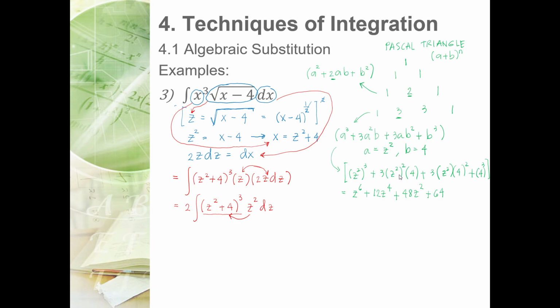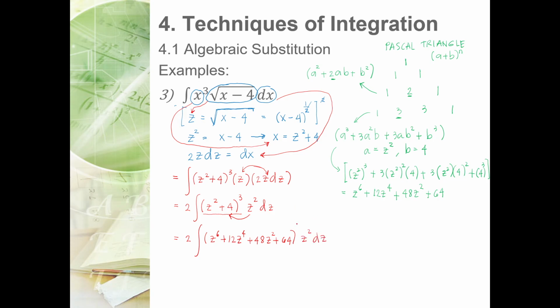So this is what will come out in the next line: 2 times the integral of z to the power of 6 plus 12 z to the power of 4 plus 48 z squared plus 64, and then z squared dz.